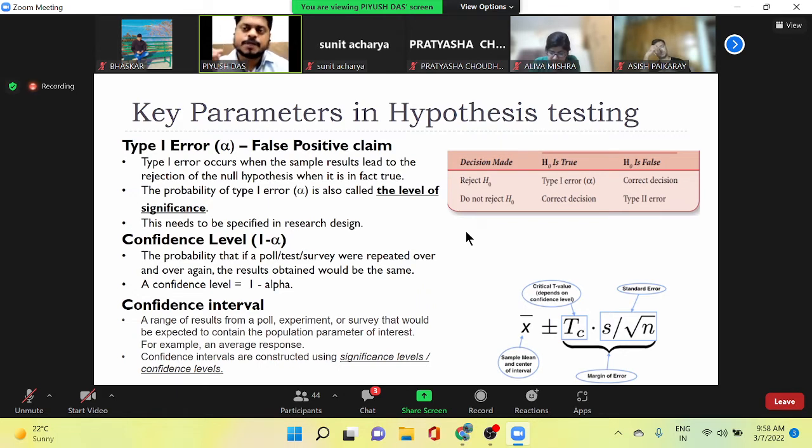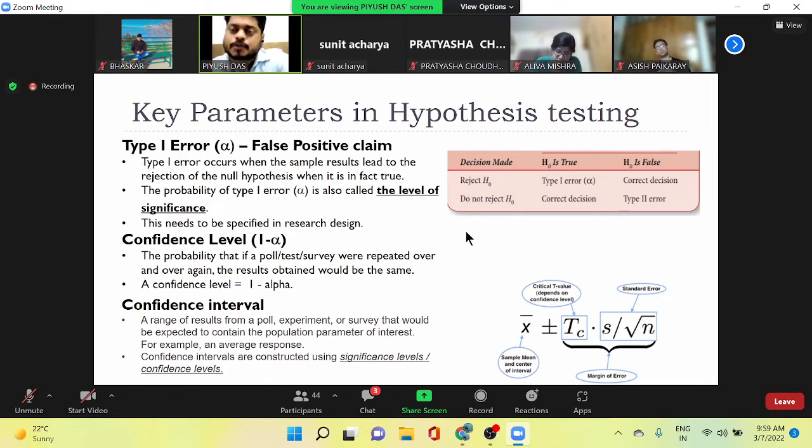So that is where you are rejecting a null hypothesis. Always remember, our aim is to reject the null hypothesis, right? But here the null hypothesis is true and should not be rejected, yet we are able to reject it. That is the situation of type 1 error, or alpha.